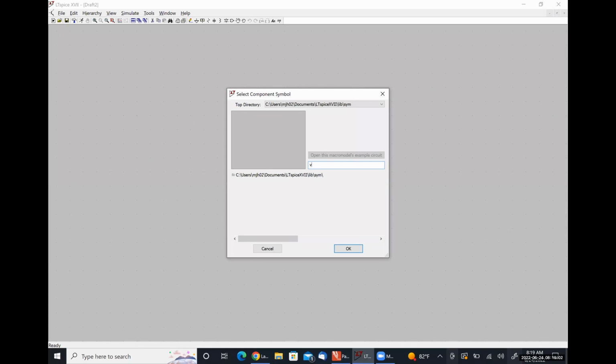So I have a voltage source. This will be V1 here in the middle. I'm going to have another voltage source. This is going to be my 20 volt source that I'm placing down here. And let's just go ahead and start wiring some things up.